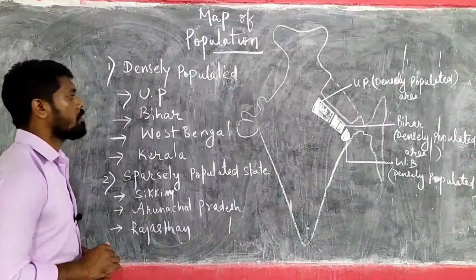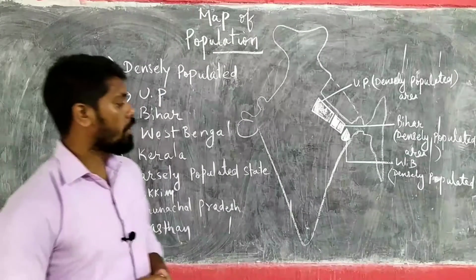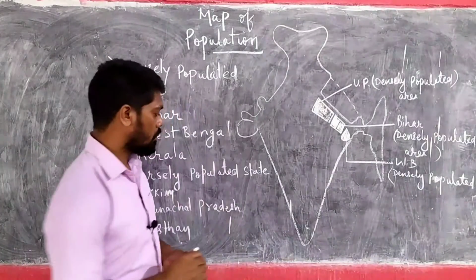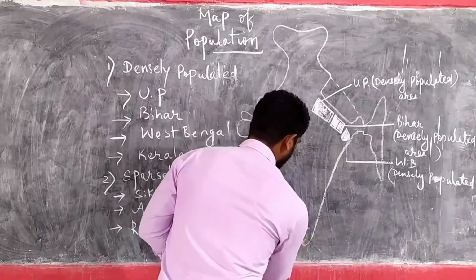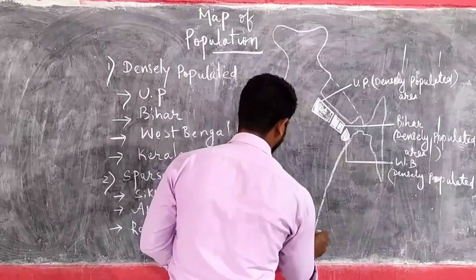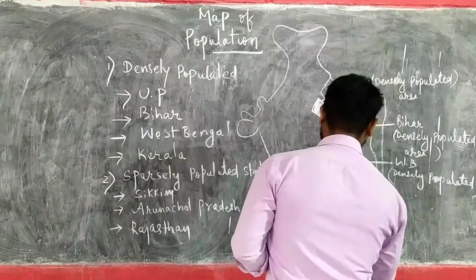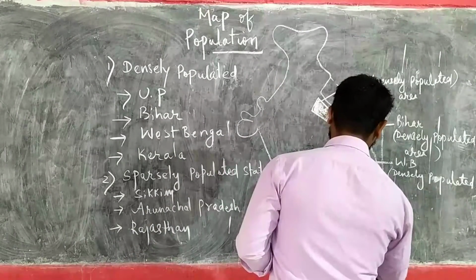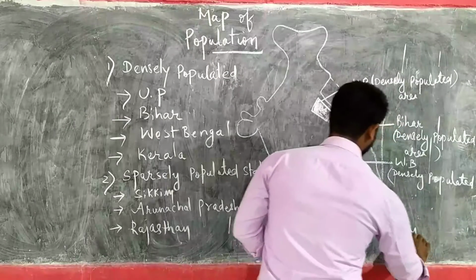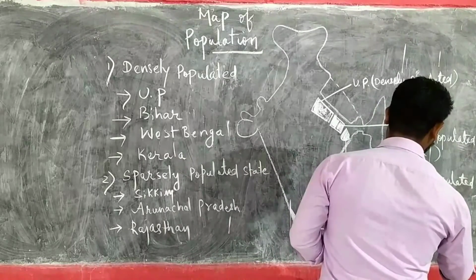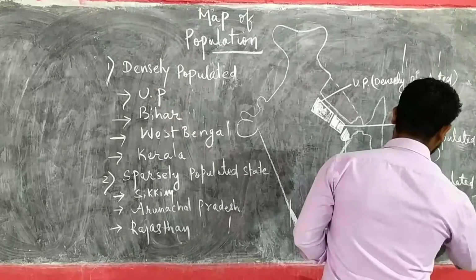And then you are asked for a densely populated state in South India. So it is here, it is South India, this one is Kerala, that is densely populated area.